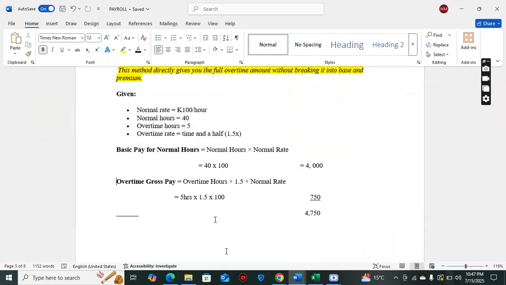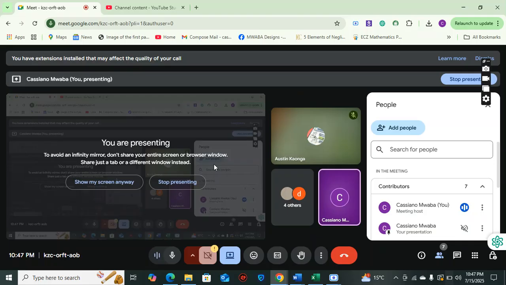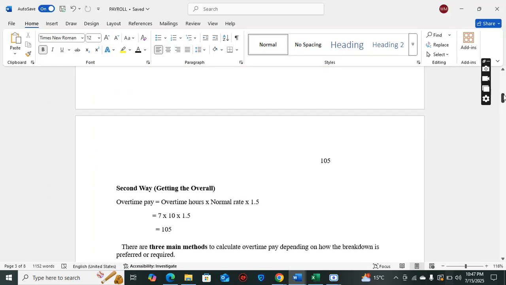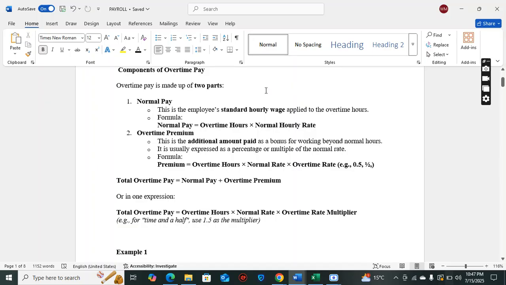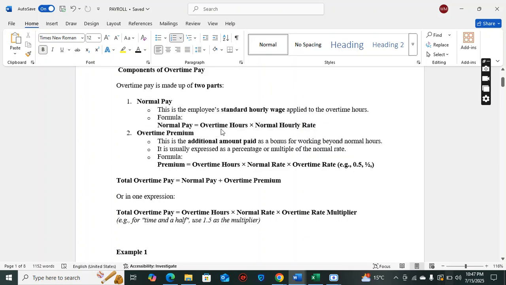The thing about it is this: the way overtime is calculated, they'll include that normal rate for the overtime hours. If you saw earlier, let me just refer you here. When you break down overtime, overtime is broken down into two parts. The normal pay, where you're just saying, I'm getting my overtime hours times the normal hourly rate.